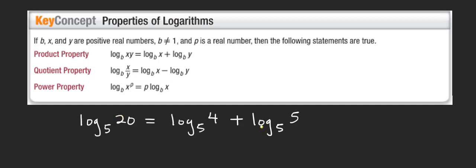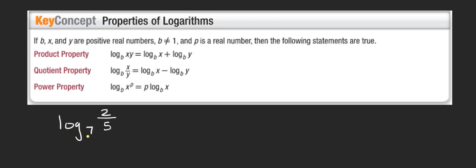And also, check this out, log base 5 of 5 becomes 1. So you end up getting log base 5 of 4 plus 1. If you have log base 7 of 2 over 5, using the quotient property, this will be log base 7 of 2 minus log base 7 of 5.